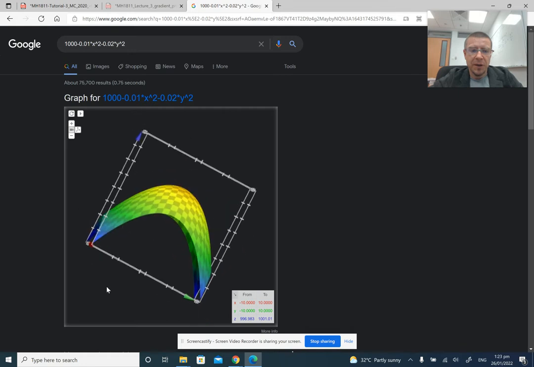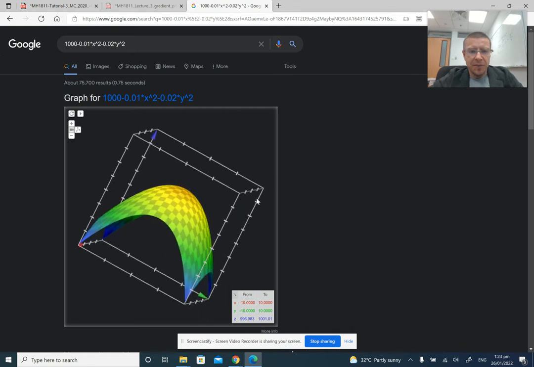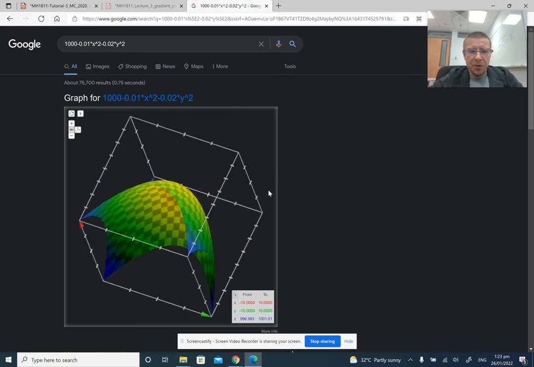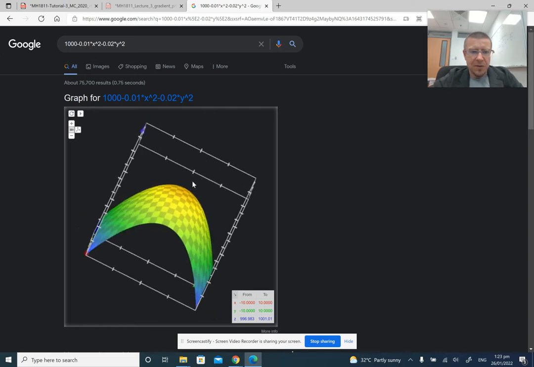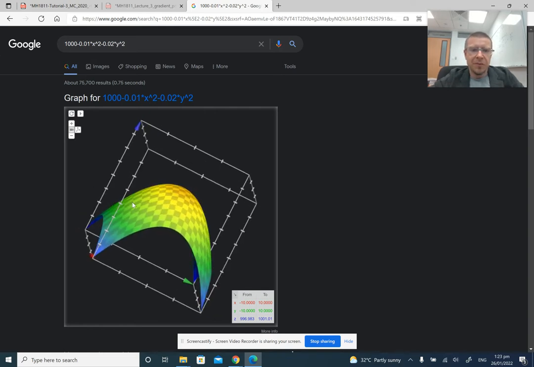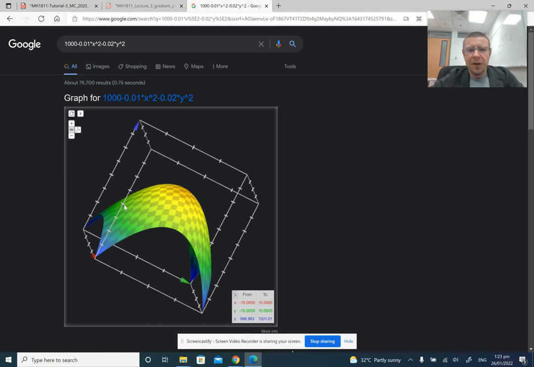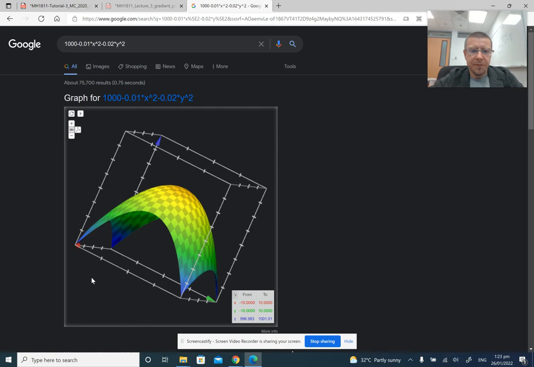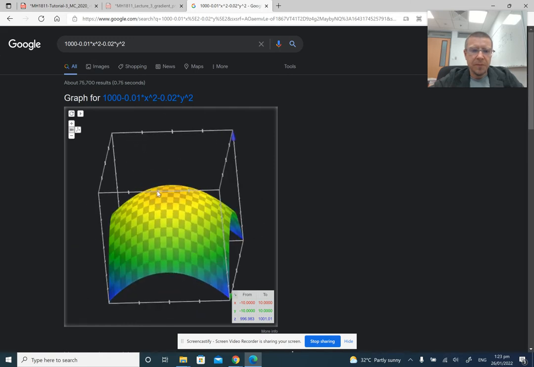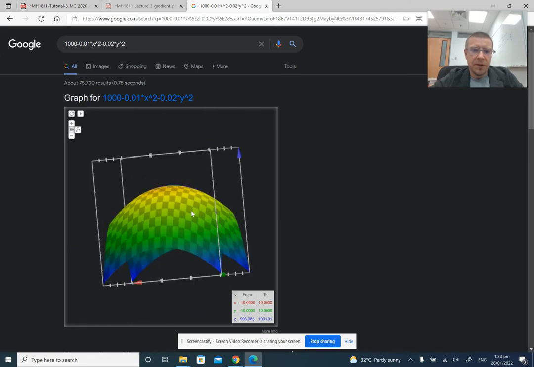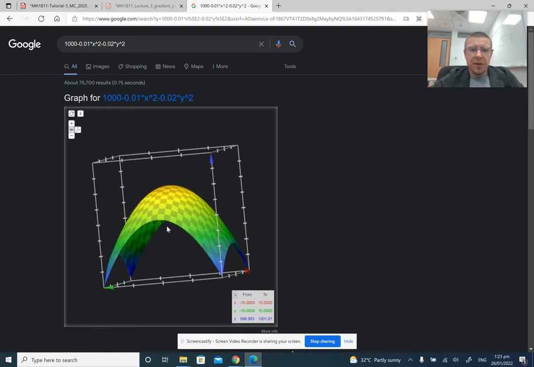I'm not sure how to make it level, but I hope you are getting the idea, right? So the direction of the z-axis is the vertical direction, and z is basically the height of the hill, either above the ground or above the sea level or whatever.